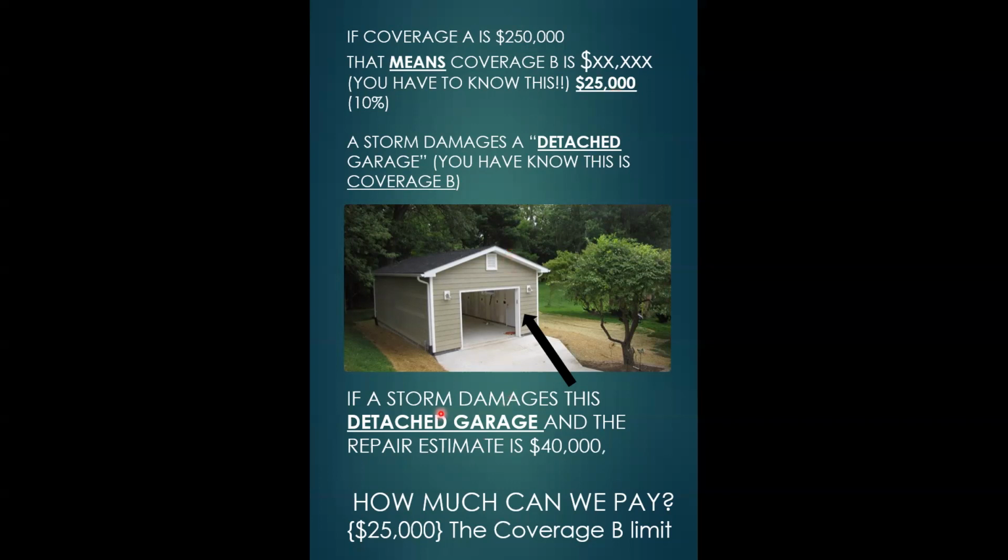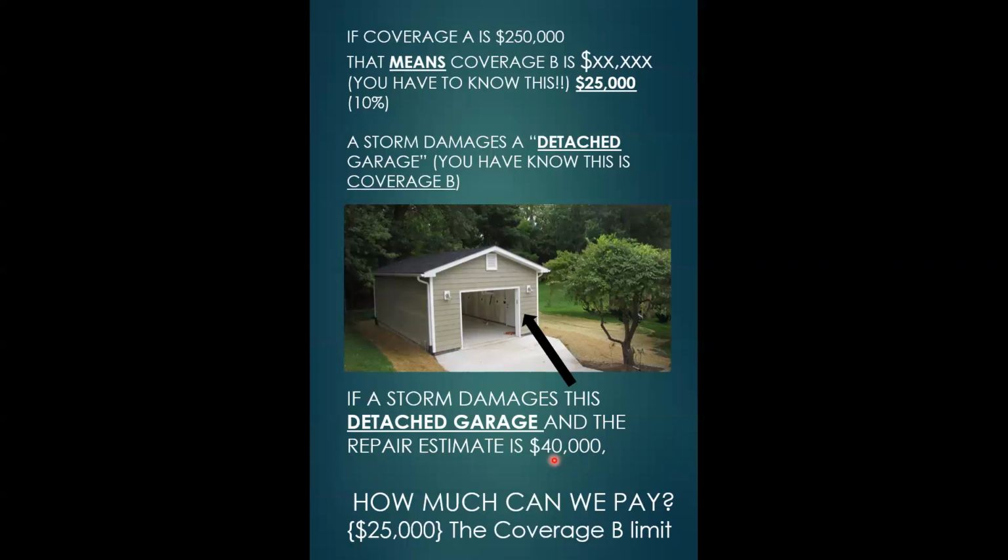And now look what happened. A storm came along, damages this detached garage, and the repair estimates come around to $40,000. Well, how much can we pay? Answer, the most we can pay is the coverage B limit of 25, because that's all there is to work with for coverage B. And this had an uninsured loss here, and it's too bad, and there's nothing that can be done for it.